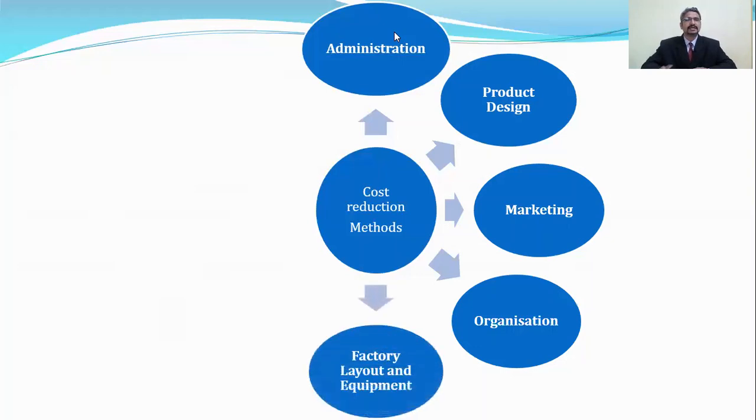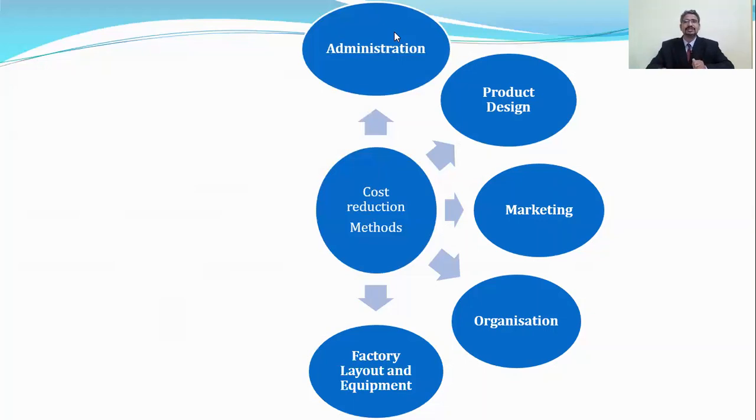The next method to reduce the cost is factory layout and equipment. Layout is the design or structure of the factory. It should be well defined, from material procurement to warehousing, everything designed in a proper manner that will reduce our time, reduce our wastage, and ultimately give us a cost reduction of the product.